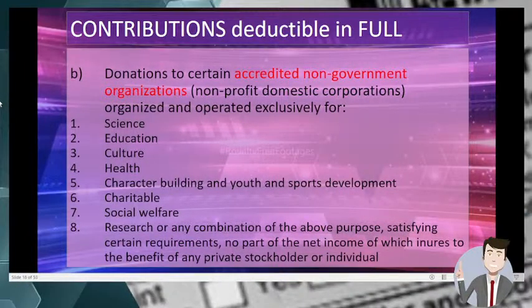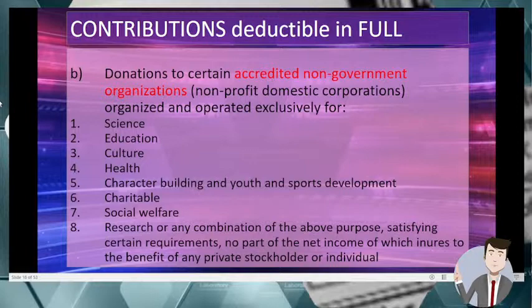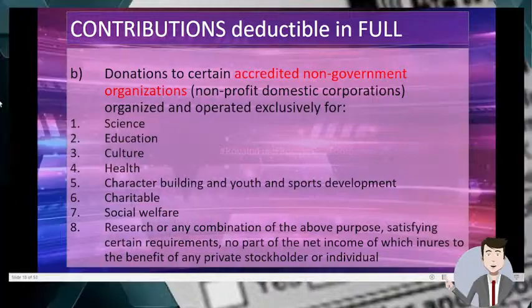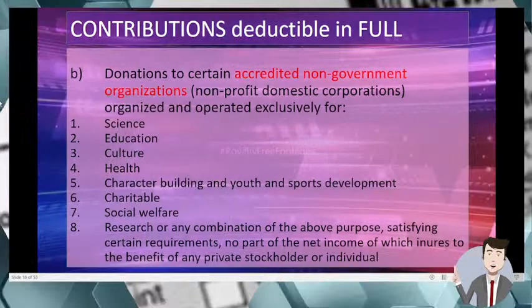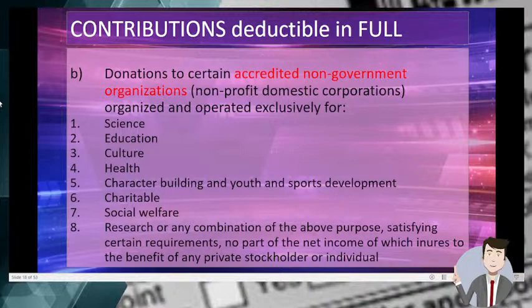It means that in view of the receiving NGO or non-profit domestic corporation, no income or gross contributions received by these mentioned NGOs should be given to any private stockholder or individual. Because in the first place, guys, a non-profit domestic corporation does not issue shares of stock.